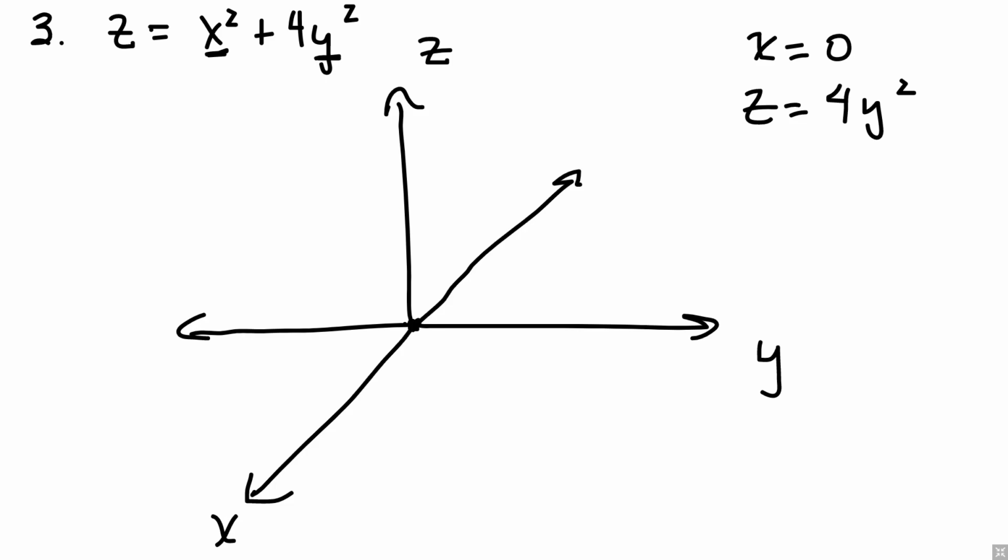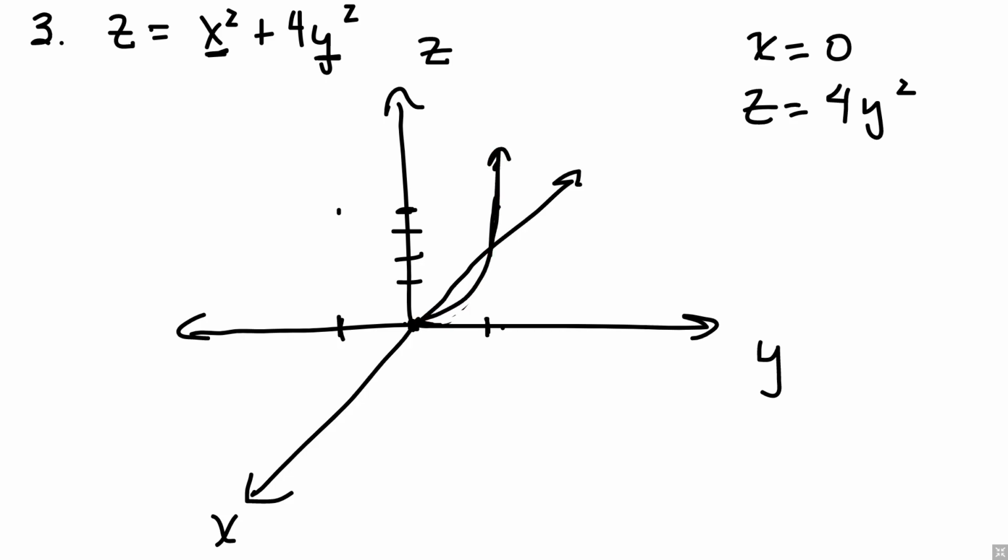Let's say I go 1 unit on y, and negative 1 on y, so 1 and 1. That means that z is going to be 4 units up and 4 units up. It's going to create not so much of a curve as what I'm doing here, but fix that.